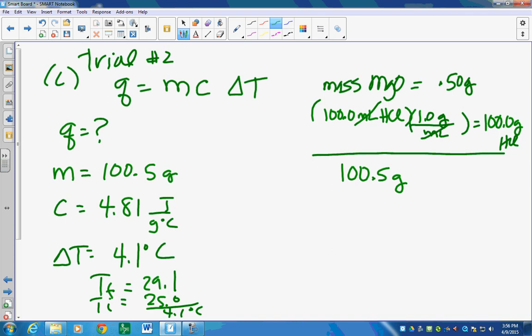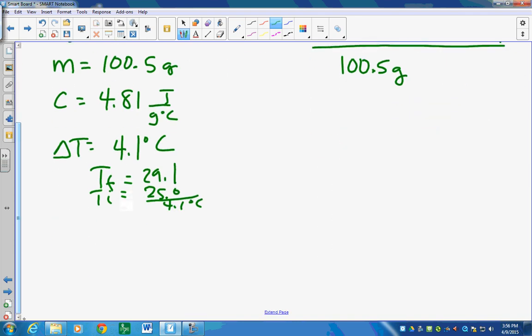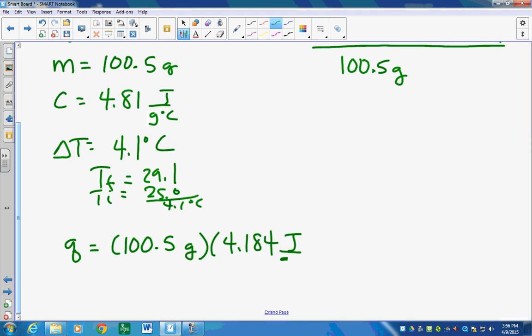So now, sliding down here and extending the page, Q is going to be 100.5 grams times 4.184 joules per gram degree C times 4.1 degree C. Degree C cancels with degree C, grams cancels with grams.